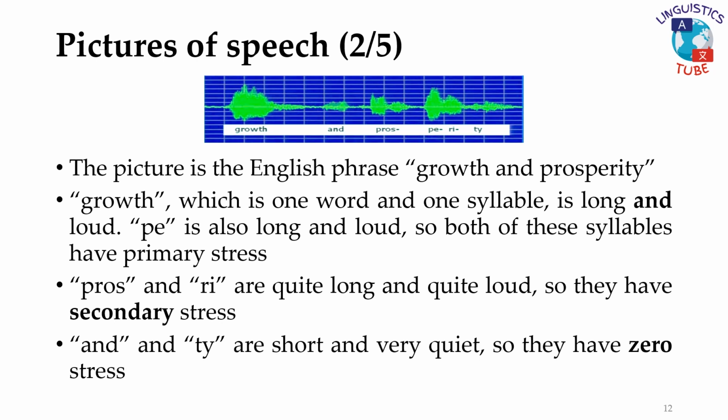We can see that growth, which is one word and one syllable, is long because it is wide, and loud because it is high. Pe is also long and loud. Therefore, both of these syllables have primary stress. Pros and ri are quite long and quite loud, so they have secondary stress.